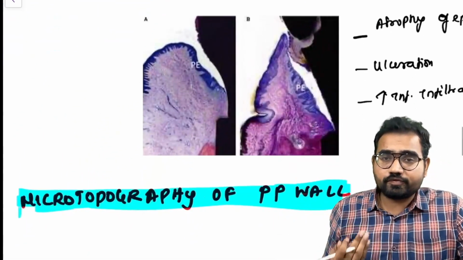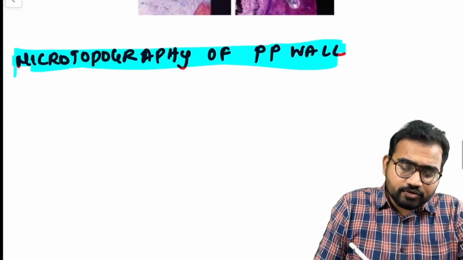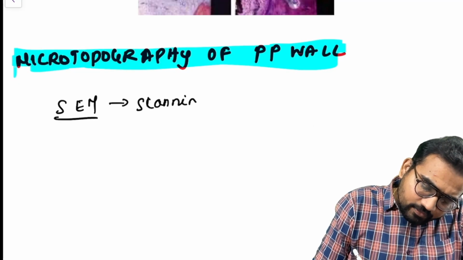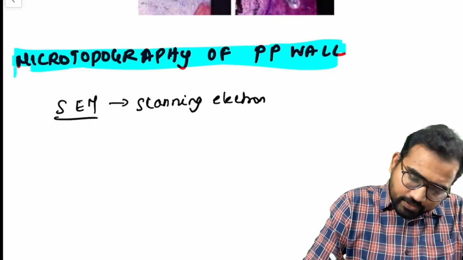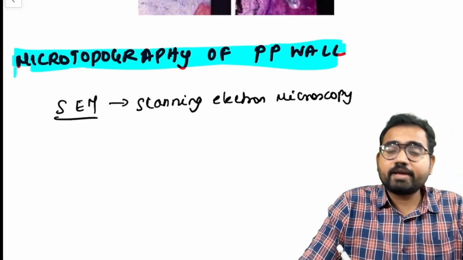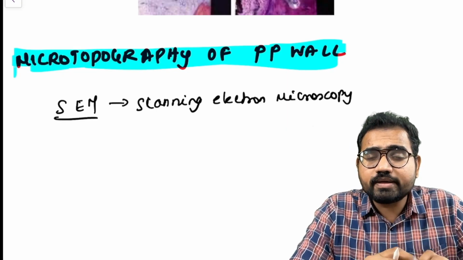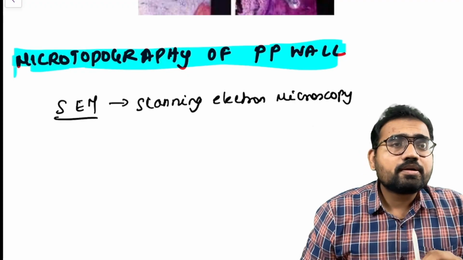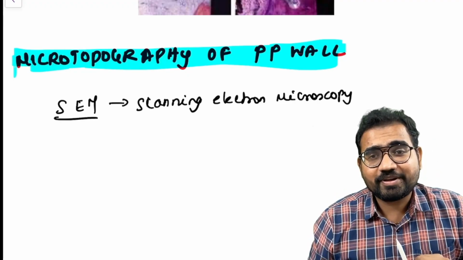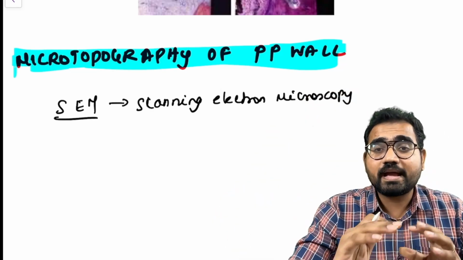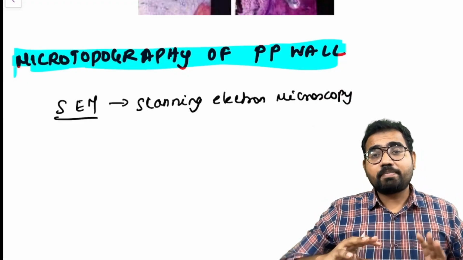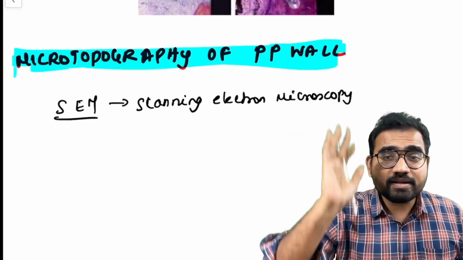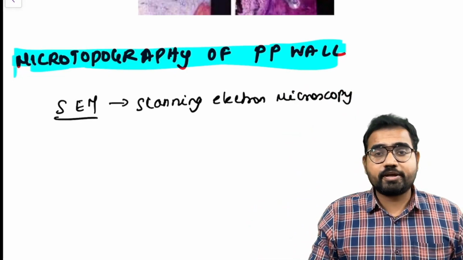Now if I take that soft tissue and study it in scanning electron microscopy, if I take a piece of gingiva and introduce it into the scanning electron microscope, I will introduce an electron beam into the sulcus, and I'm going to study how the electrons pass and where all they pass, and with the help of that I'm going to see what is happening in the microtopography of the pocket wall, right?